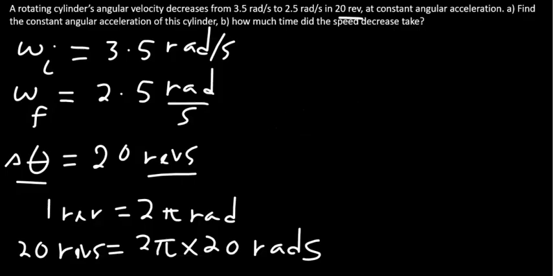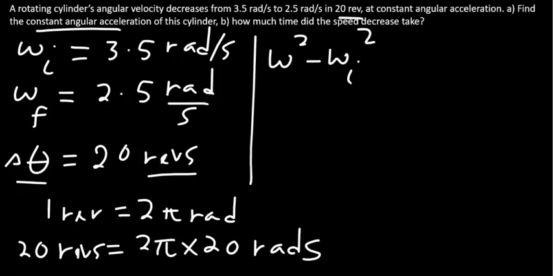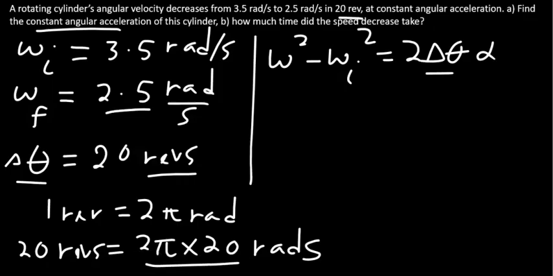There is no time mentioned up to this point, and we want to determine the angular acceleration alpha. So the third equation would enable us to determine that. Remember the third equation? Omega squared minus omega I squared equals 2 times the angular displacement times alpha. So when the angular displacement is that, omega is that.